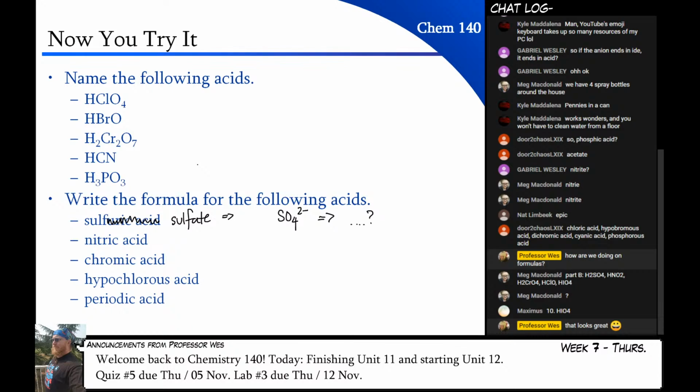All right, let's start naming these acids. So first we need to look up what all of these polyatomic ions are. So ClO4 is perchlorate. So we get rid of the ate, and for ate, you put in ic acid. So this becomes perchloric acid.